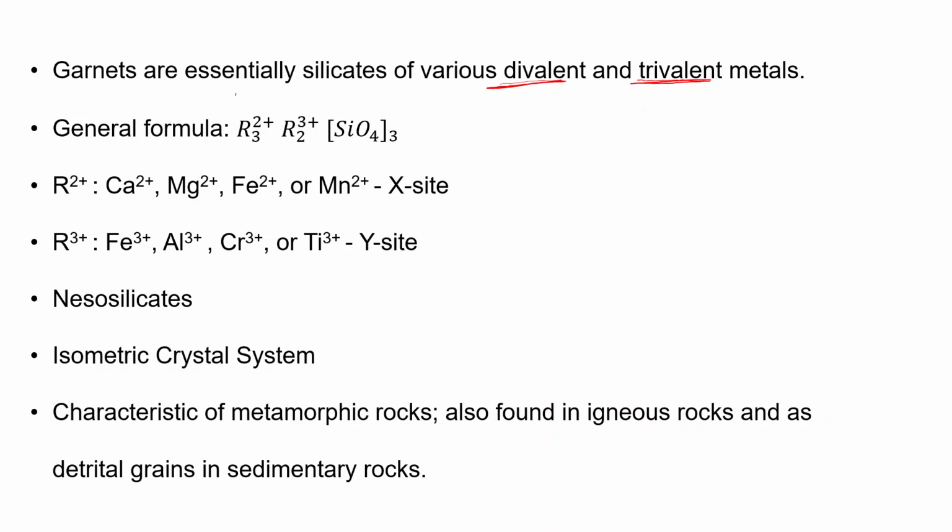The general formula is R2 plus 3 R3 plus 2 (SiO4) whole thrice, or it can be written as X3 Y2 Si3O12. Now, to balance this up, we can understand all these 2 plus and 3 plus ions.